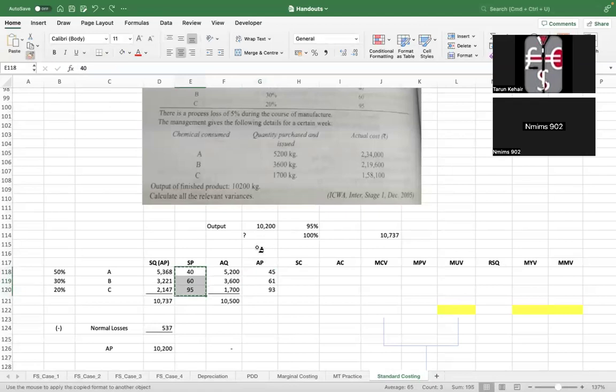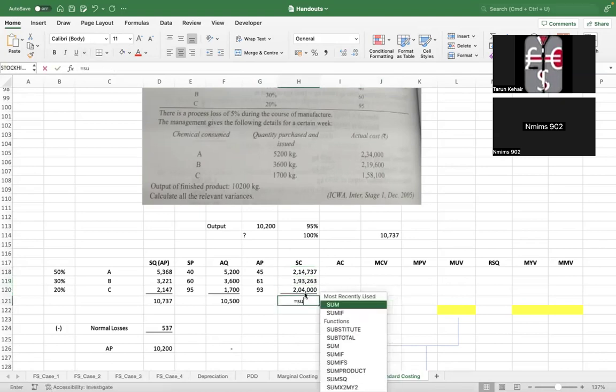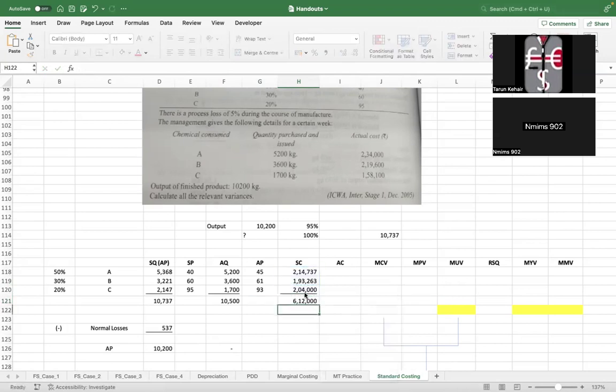Next, once you have your actual prices and standard prices, what are we going to do next? We can find out the standard cost, which is nothing but standard quantities into standard prices. Drag it down. Take your summation. 6,12,000 is your standard cost, right?